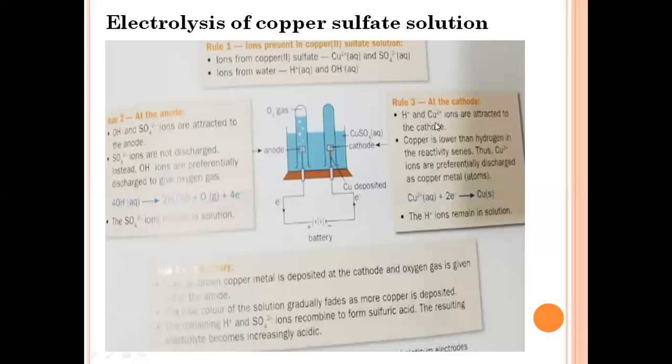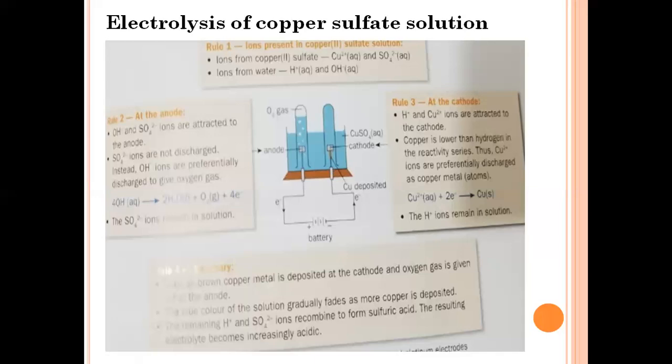So copper goes to the cathode and will discharge there. Copper gains the electrons and remains in the solid form, copper deposited. So hydrogen ions remain in the solution.